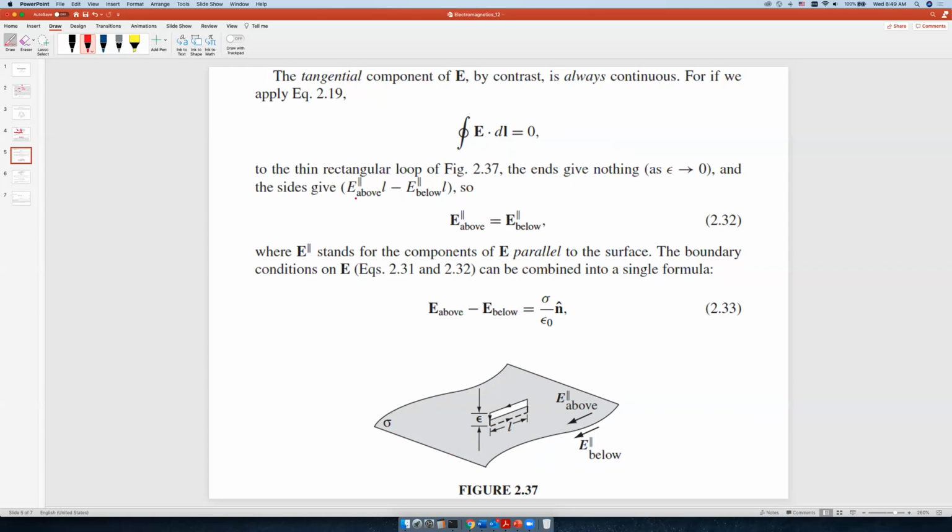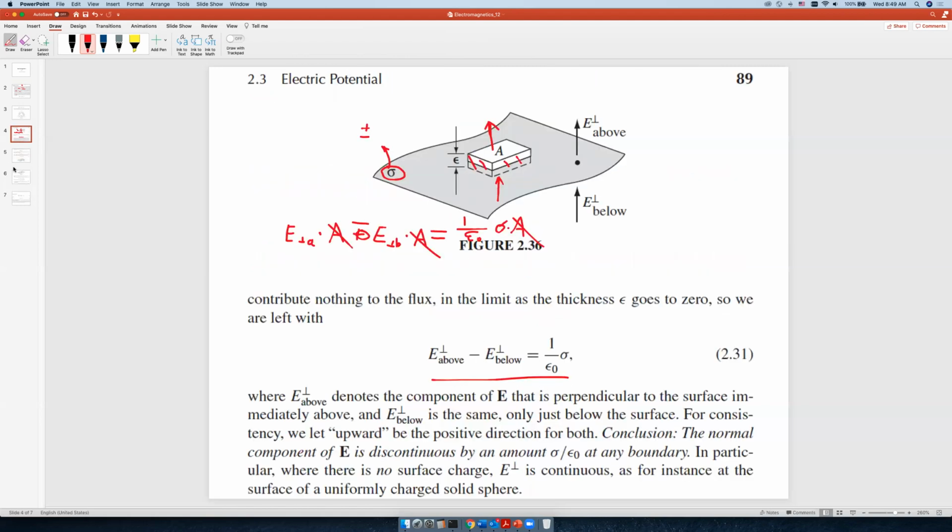So in this figure, if you do the line integral, it equals 0, which means E above equals E below in the direction parallel to the surface. Okay, so the boundary condition can be combined into a single form if you combine the parallel and perpendicular equations.